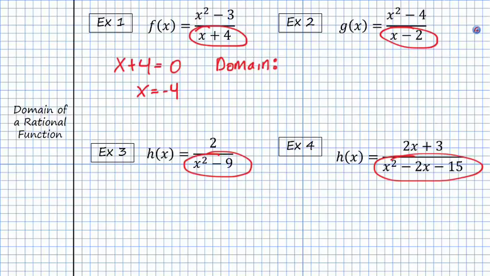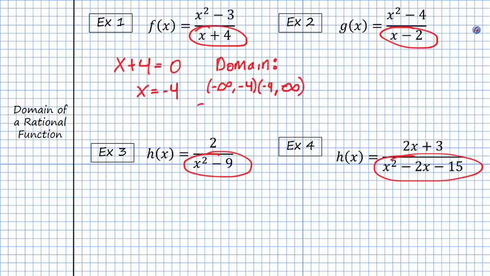If I were to write the domain, I could write it one of two ways. I could say that the function goes from negative infinity up to negative 4, excludes negative 4, and goes to infinity. So what we're saying is that we will approach the number negative 4, but then we will just skip it.